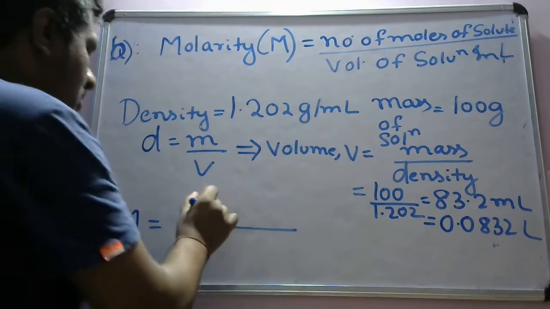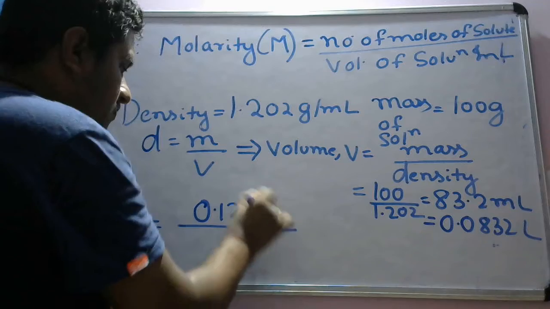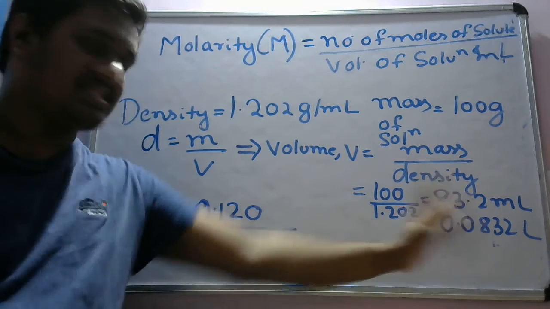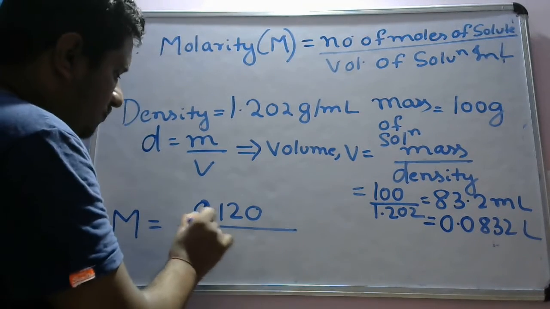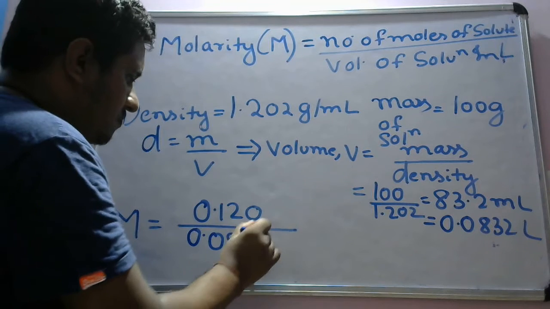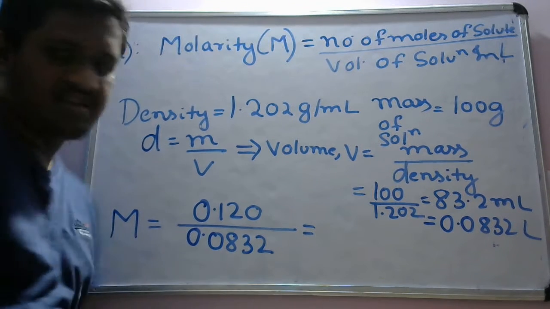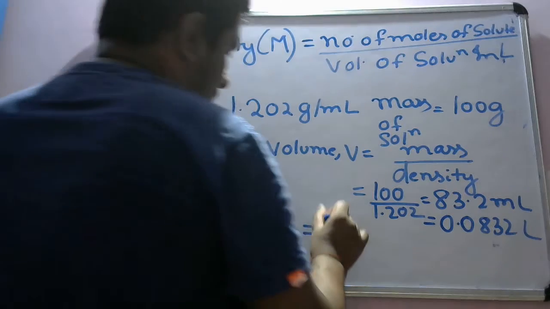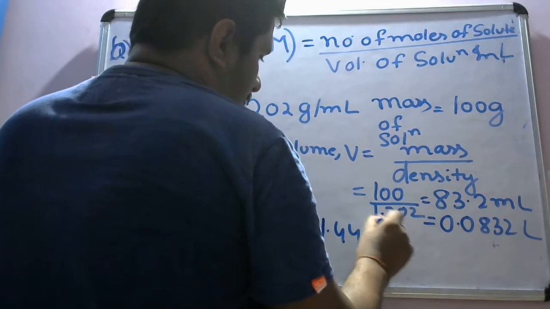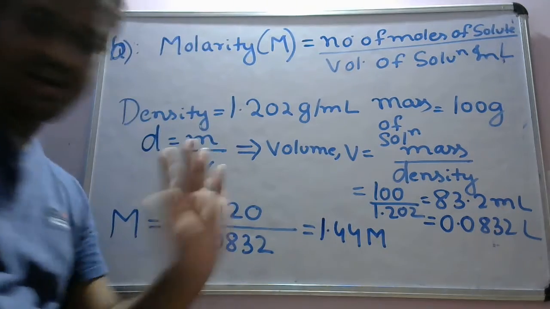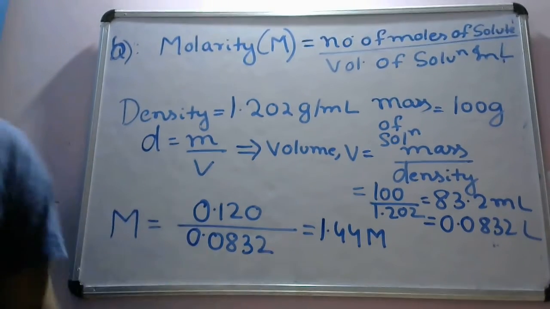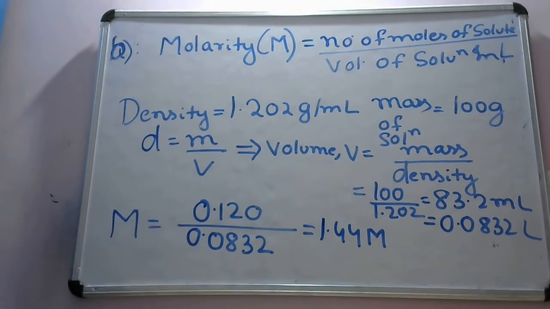Its moles were 0.120. So when we calculate the molarity, it will come out to be 1.44 molar, or you can write moles per liter. So this is how we calculated the molarity.